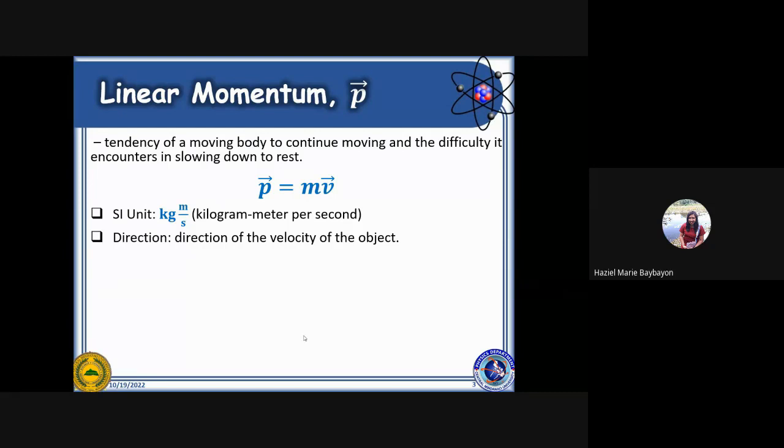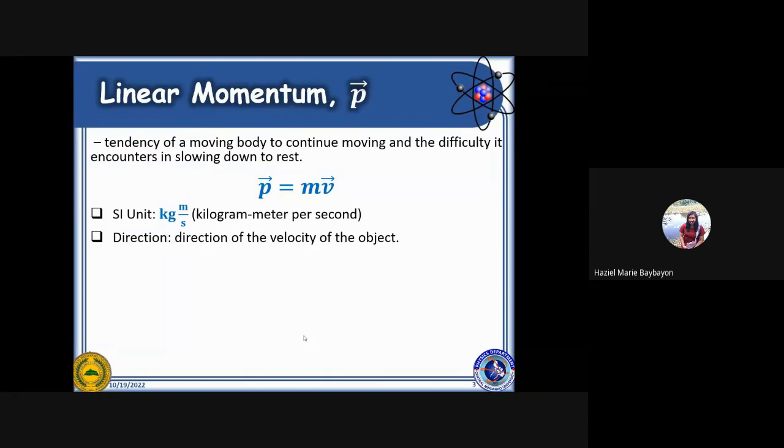Okay, so asa pa ni nato madungganing momentum. So kasagara kay sa mga sports like basketball for example. So a person or an object that has a great momentum is difficult to stop. Okay?